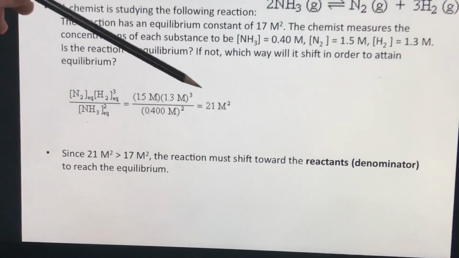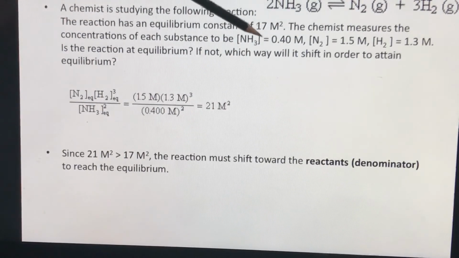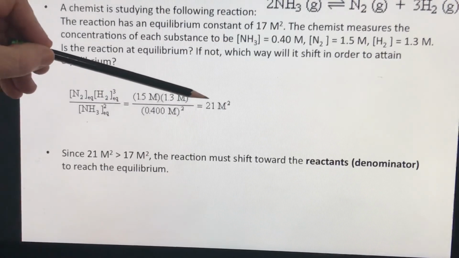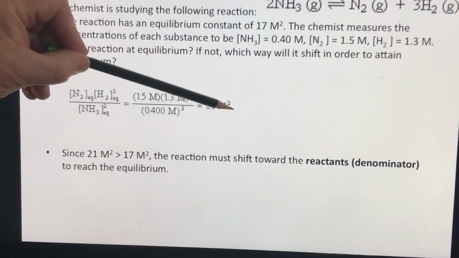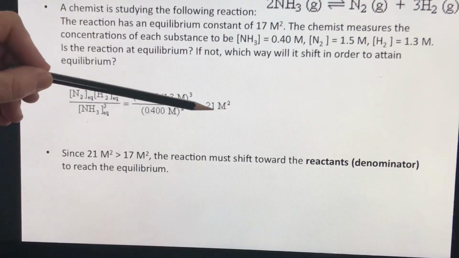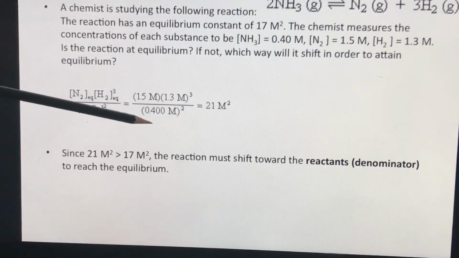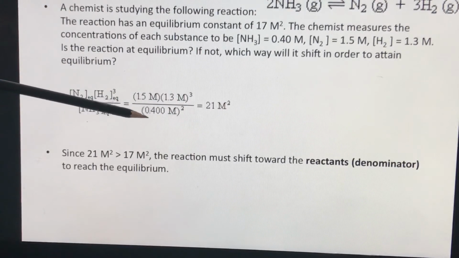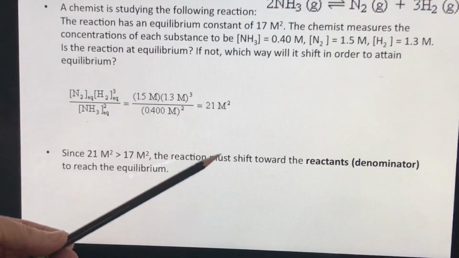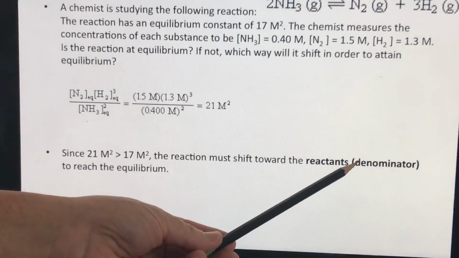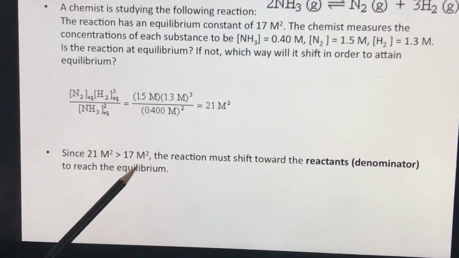And so we have to compare this number to the one given in the equation. So since 21 is larger than 17, in order for this to be brought into equilibrium, it would have to be reduced. It would have to go down. And in order for the 21 to go down, that means that our denominator would have to be increased. So the reaction should be shifted toward the reactants, which is basically making the denominator larger to reach equilibrium. It's just a mathematical analysis.